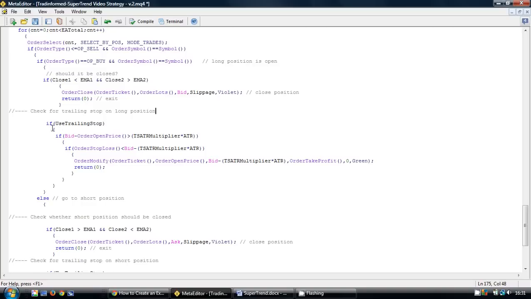First of all, we're going to check if we're even using the trailing stop, and if we are, should it be moved. We're going to use the order modify to make sure we've got the correct order, and then we're going to move it by the amount that is implied by our trailing stop, ATR multiplier, and the ATR.